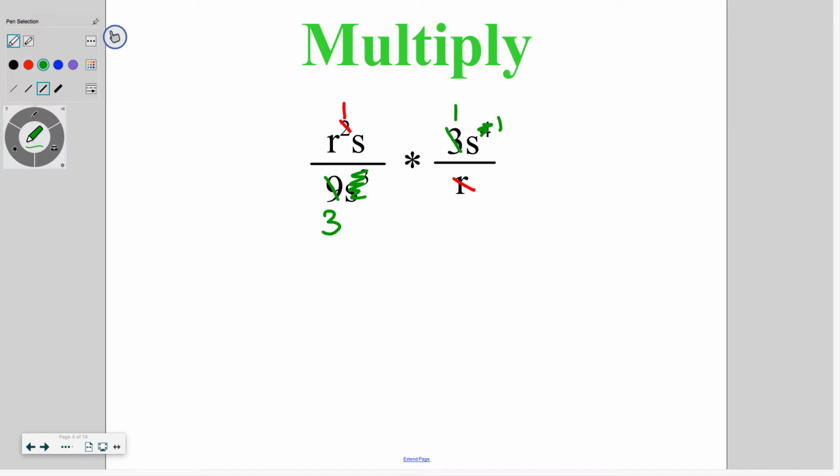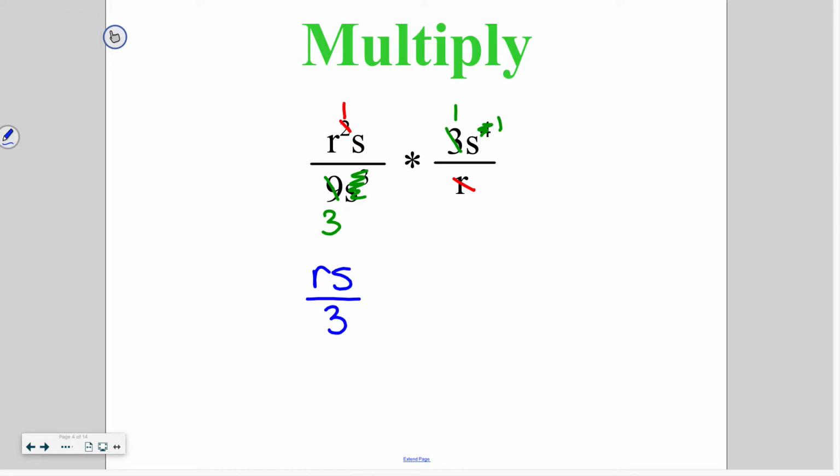So what this is actually saying, now that I have cross-canceled, is rs, those are the pieces from the numerator that didn't get crossed off, over 3, the piece from the denominator that didn't get canceled, times 1s, those are the pieces that didn't get canceled, and then since everything got canceled out on the denominator of the second fraction, we just have 1.